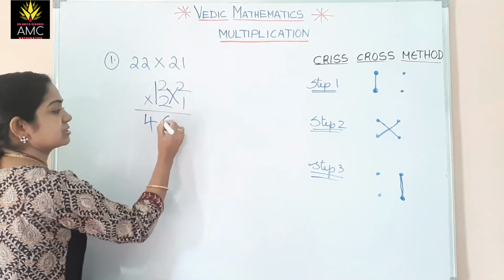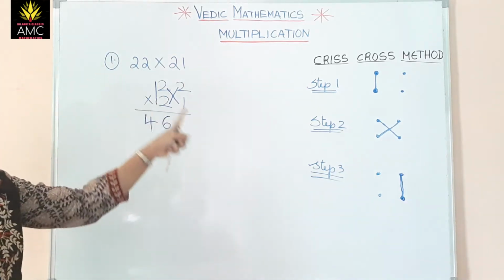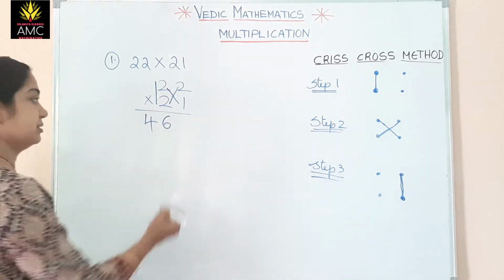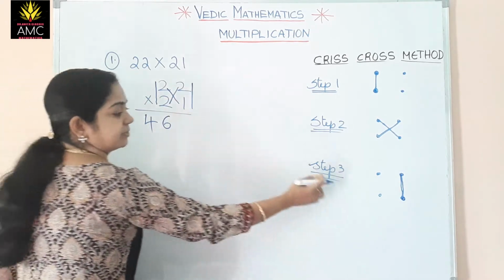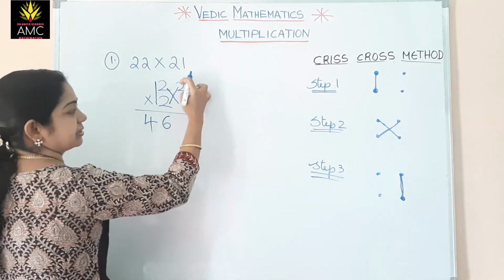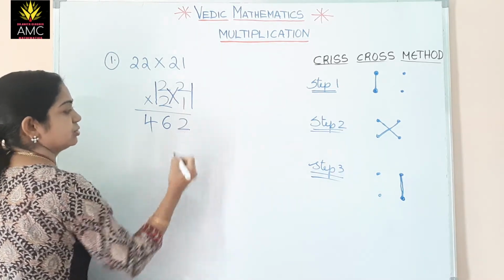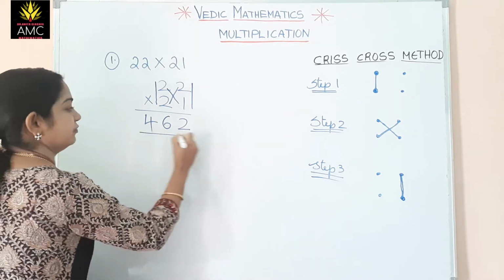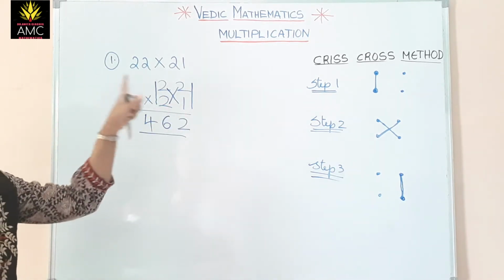So, that comes to 6. 2 1s are 2, 2 2s are 4, 4 plus 2 is 6. And the third step is the extreme right, that is 2 into 1 is 2. So, that itself is 462. Now, for the illustration, I have told you the steps and all this.